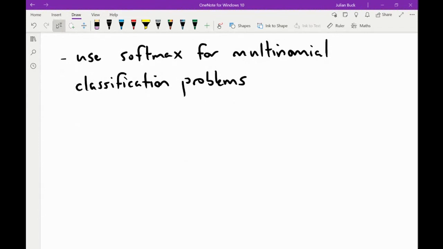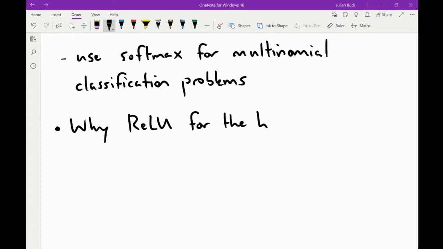Okay, so let's go back to the question of why at the hidden layers would we want to use something like the rectified linear unit or the sigmoid linear unit, replacing it with a smooth one. Okay. So why ReLU for the hidden layers? Okay. So consider what ReLU is doing, right?